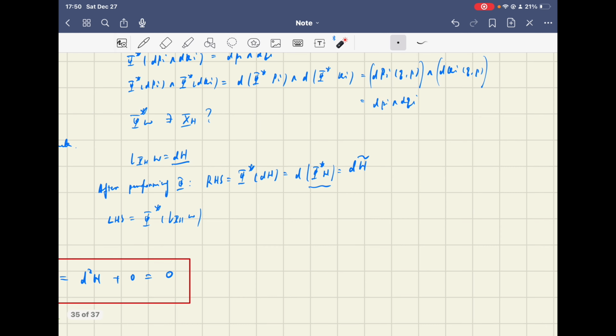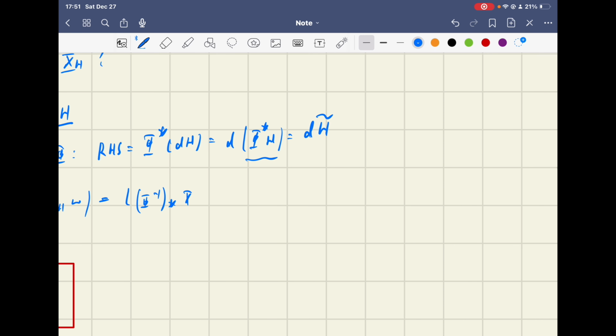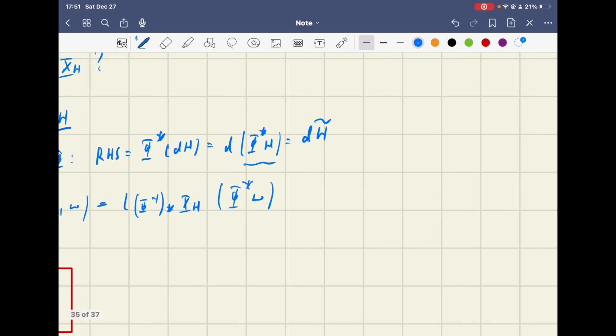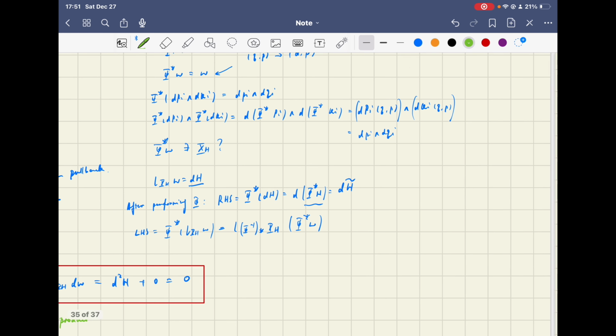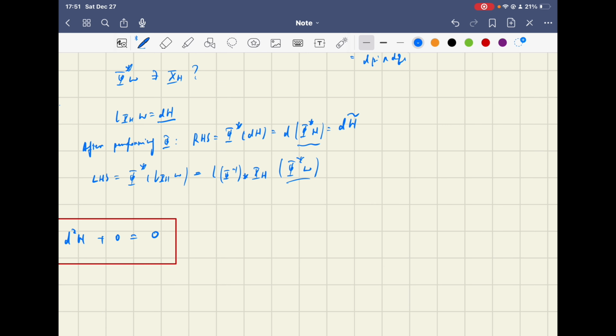If you apply this equation here, you could rewrite it as the push forward of X_H. Then we use the property of canonical transformation, and we substitute this here.